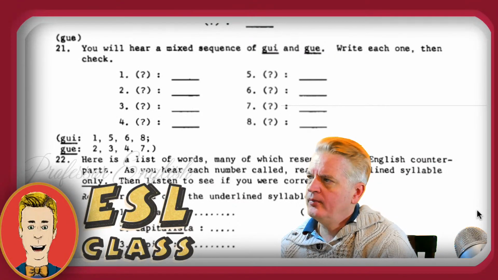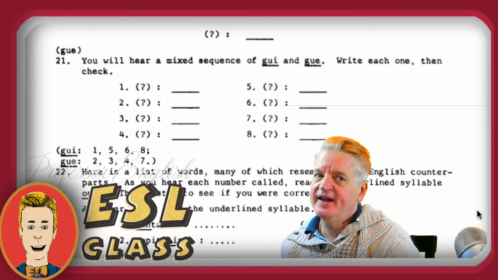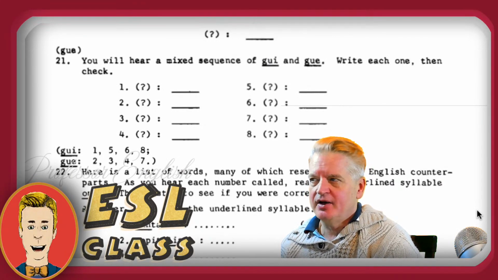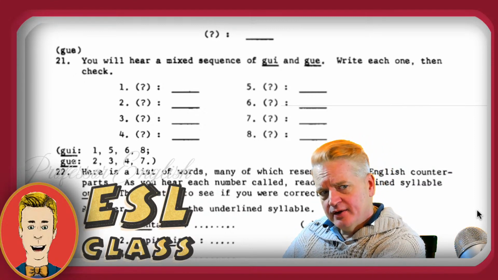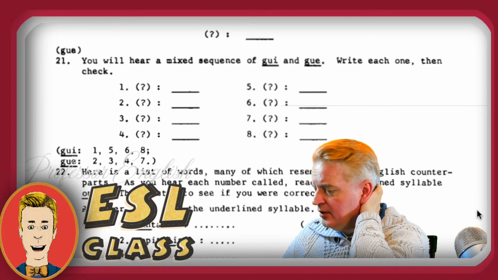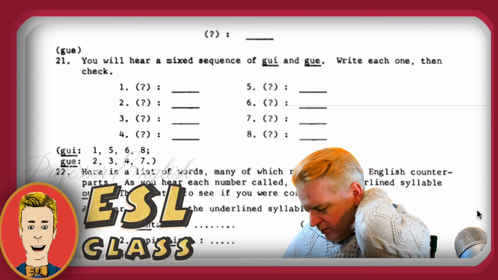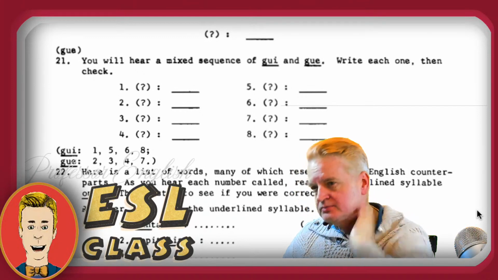Number 21. Now we have to distinguish between gi and ge, which doesn't seem that hard to me. I'll just say I or E for the ending. 1. Gi. I. 2. Ge. E. 3. Ge.